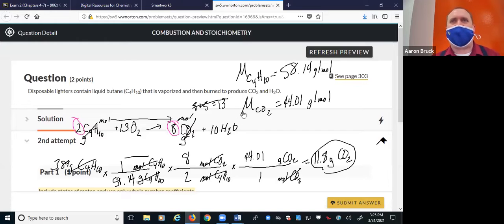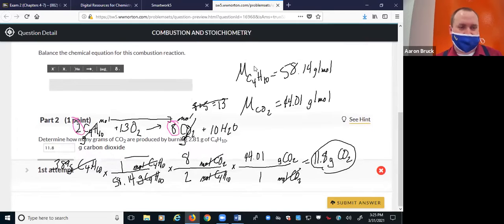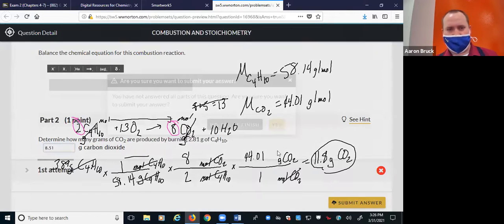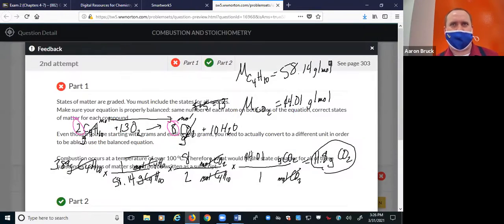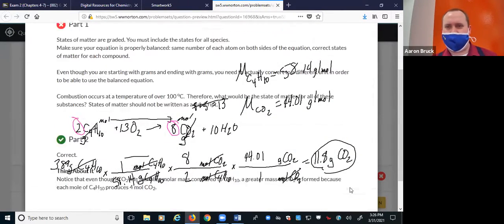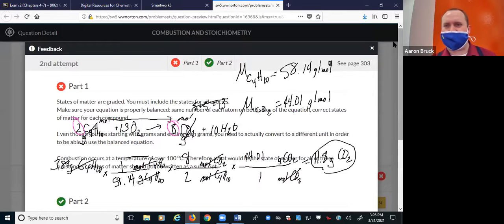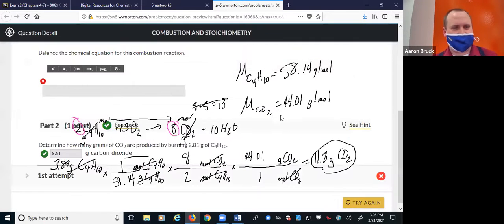That's what you would ultimately have to do. Yeah, we're close enough. I mean, we can do it, just put 2.81 instead of 3.89. See, I know what I'm talking about sometimes.